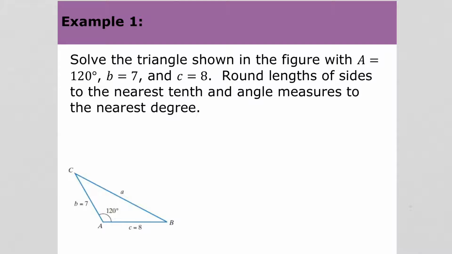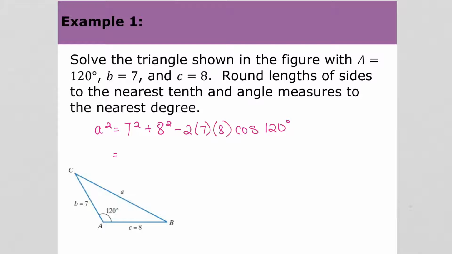So looking at an example, we've got a side-angle-side situation here. The first thing that we can do is find the measure of side A. So A squared would be B squared plus C squared minus 2 times B times C times the cosine of angle A. And then you just do some math.